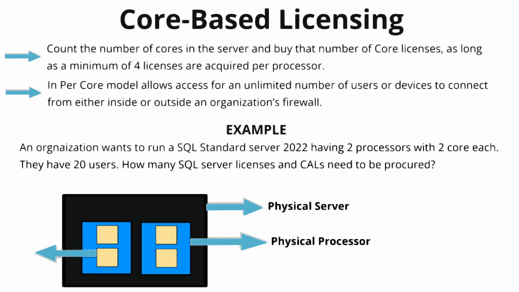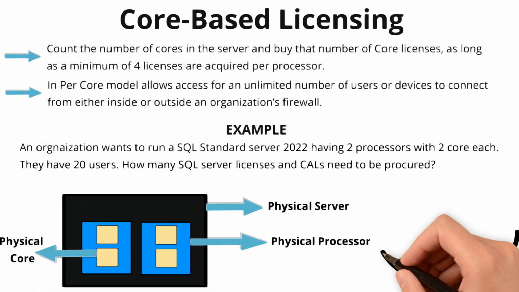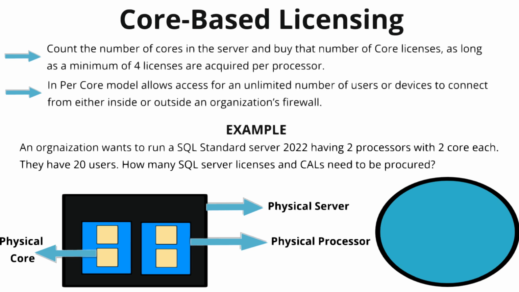The best benefit of core based licensing is that we don't require any client access licenses, that is CALs, for any internal or external users. Please keep in mind that we don't require any CALs for core based licensing.